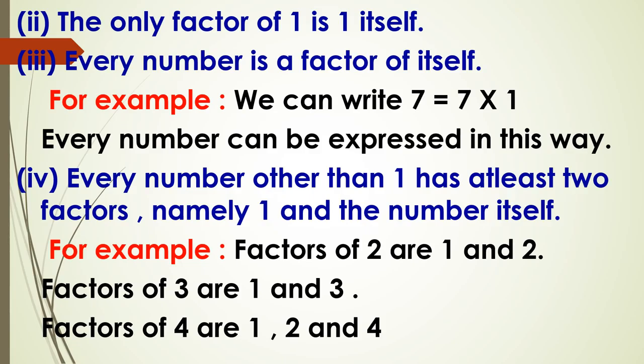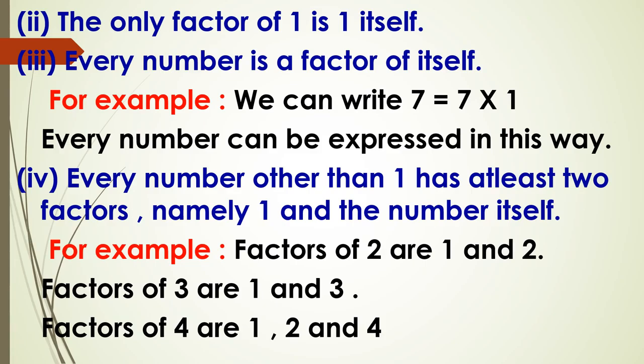So, every natural number other than 1 has at least 2 factors. What are they? At least they are 1 and the number itself, because we have learned that 1 is a factor of every number, and we know that every number is also a factor of itself.